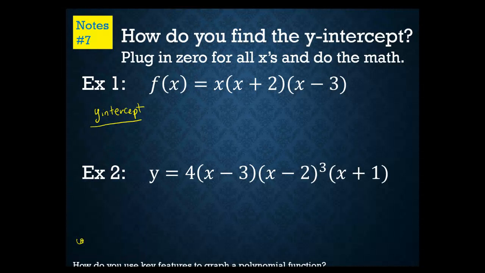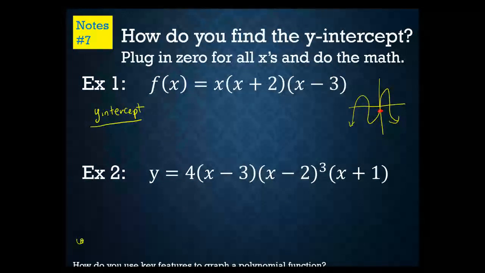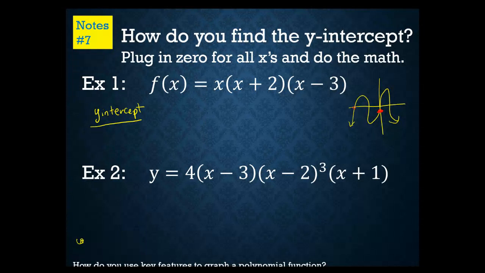But now we're going to learn about the y-intercept, and what that means graphically: where does a graph cross the y-axis? The x-intercepts we did before, they were up here, right? But now we're talking about that y-intercept, okay?